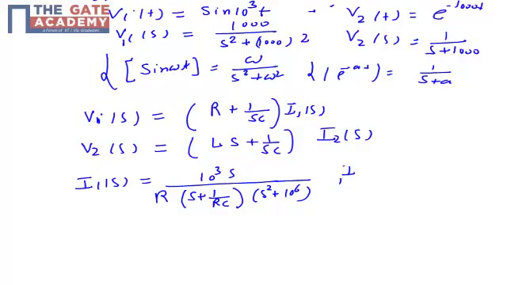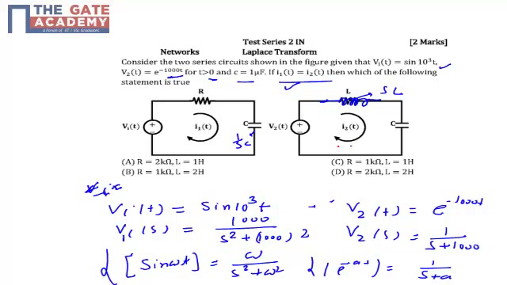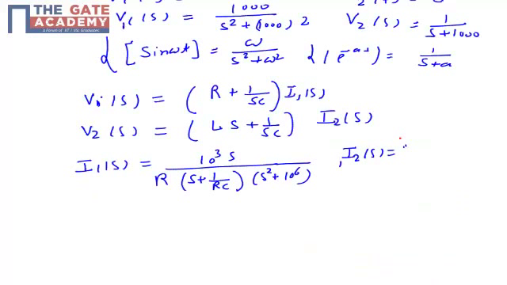Plus my I2(s) will be, since the capacitor has the capacitance given in the problem, written as s upon L times s plus 1000 upon s square plus 10 raised to the power 6 by L. What we have done is taken L as common here.